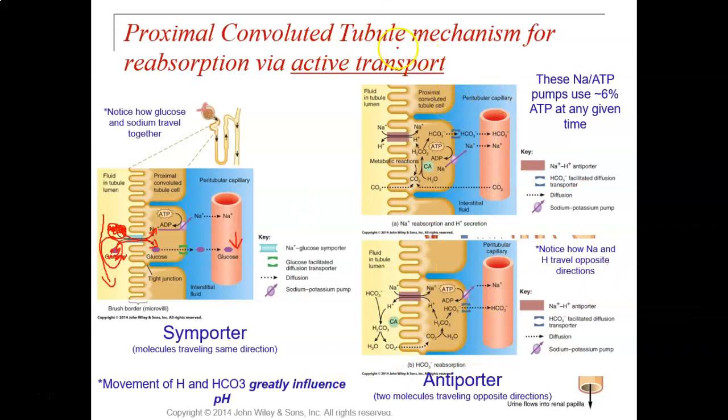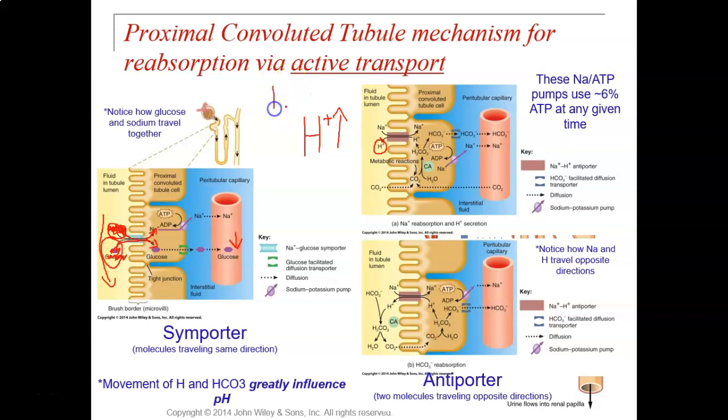So, how acidic something is: the greater the number of hydrogen ions, the greater the acidity.